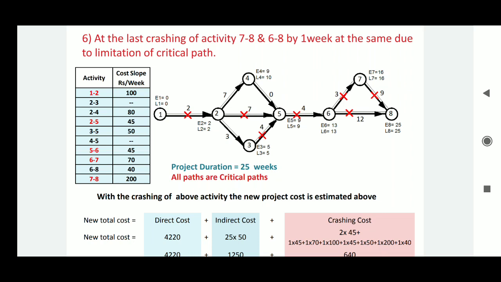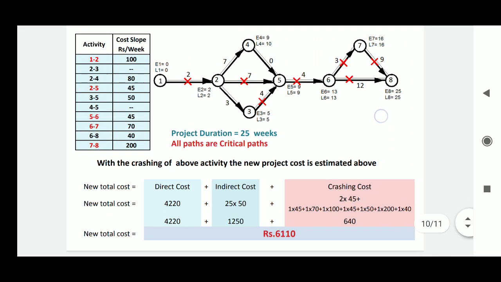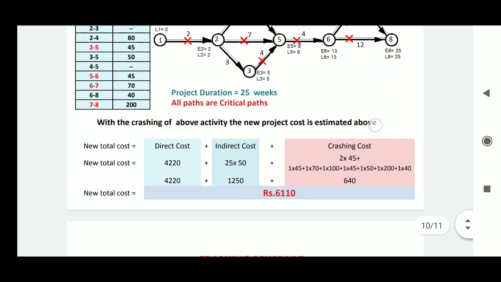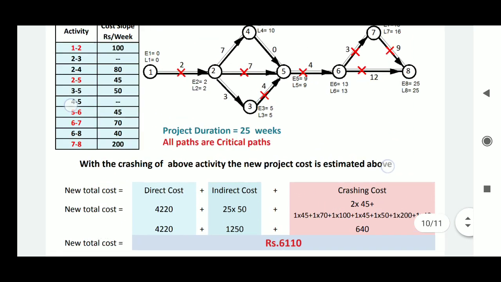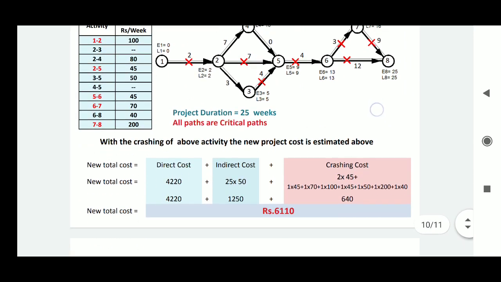So that's why we will not crash activity 7 8 only, because the critical path will change. That's why we will crash activity 7 8 and 6 8 at the same time by 1 week, and the new project duration is 25 weeks, and all paths are critical paths.